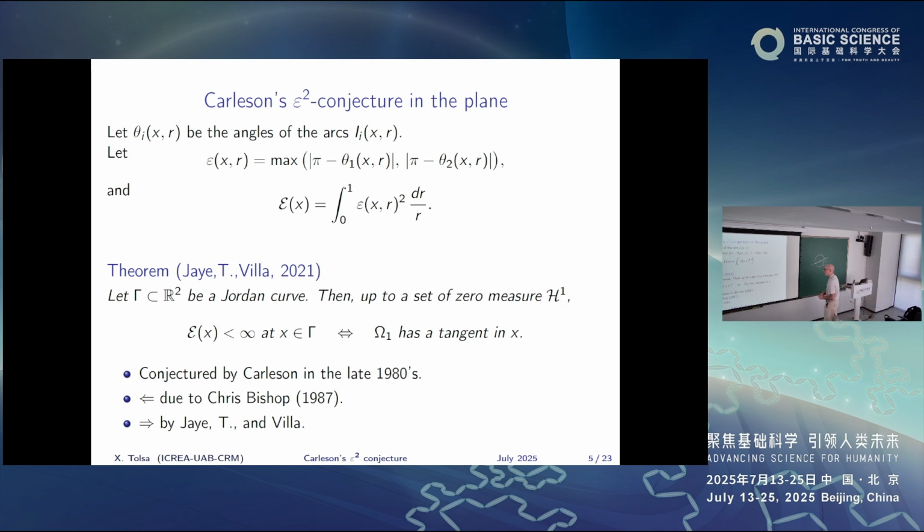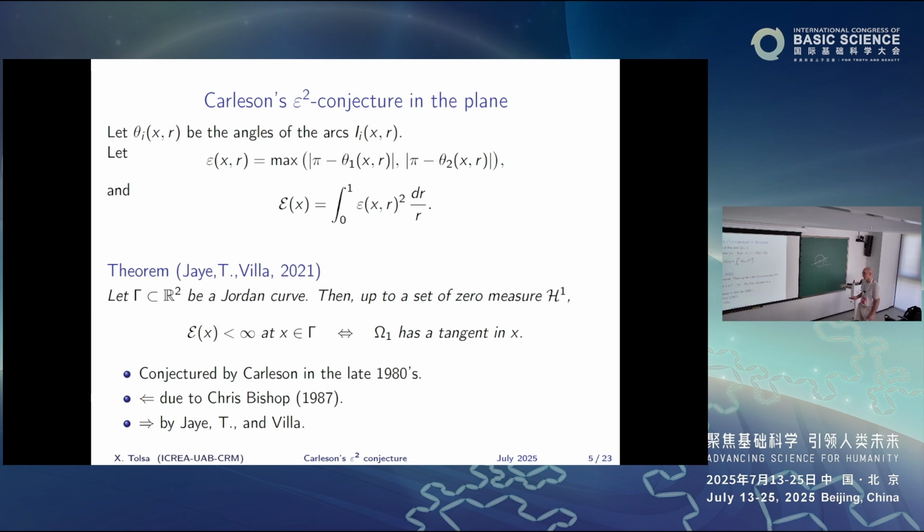Let me say that this was conjectured by Carleson because of some connections with some results appearing in the study of harmonic measure and some estimate due to Bishop. Well, this was conjectured in the late 80s, and we proved it sometime later.